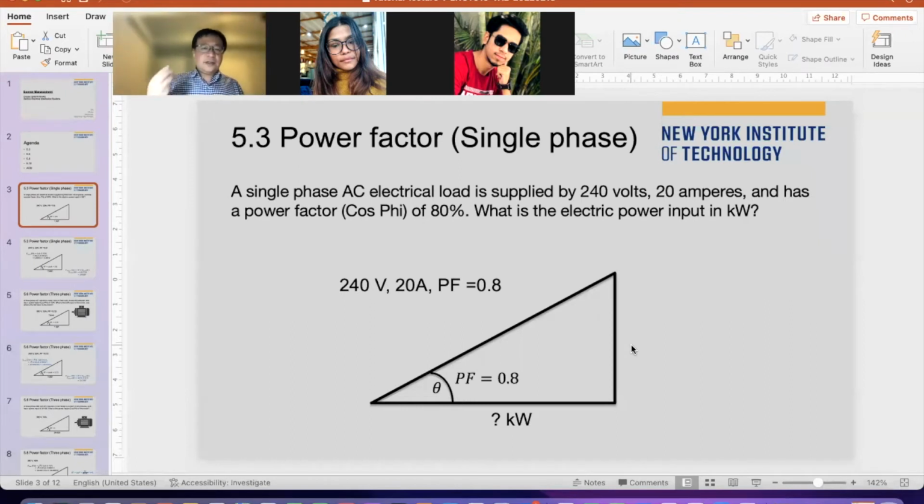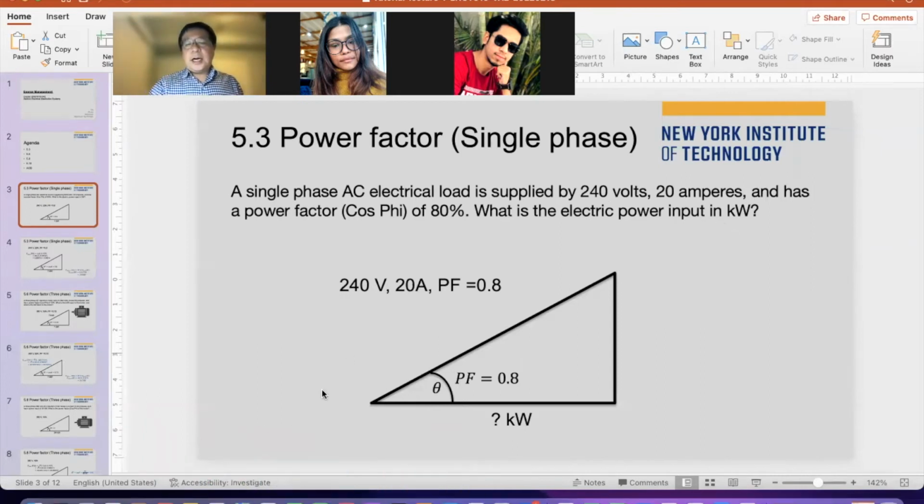That is the vertical one. I'm not sure you still remember the unit of the reactive power. That is kVAR. And active power is kW.